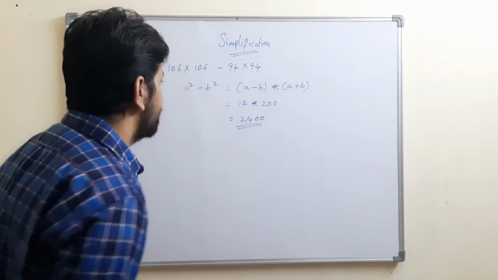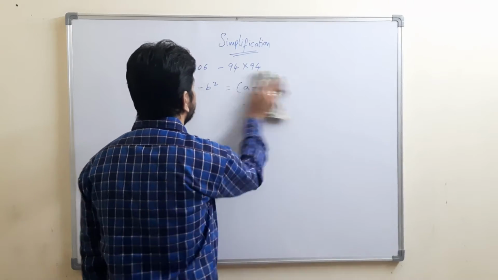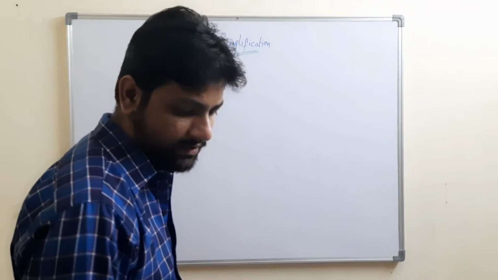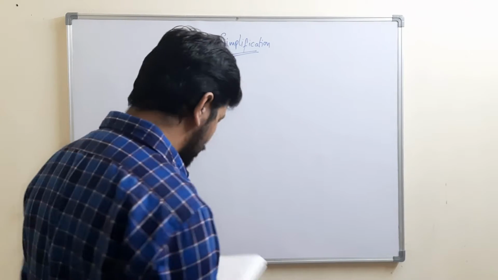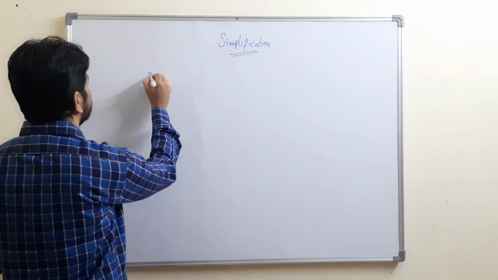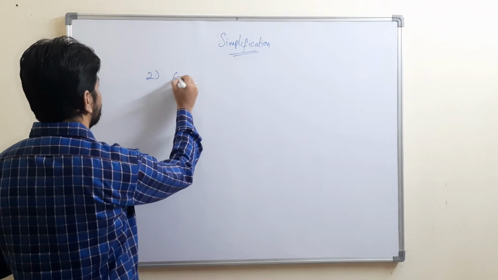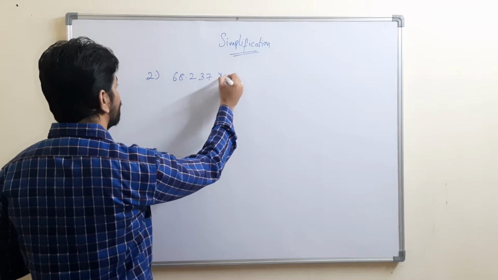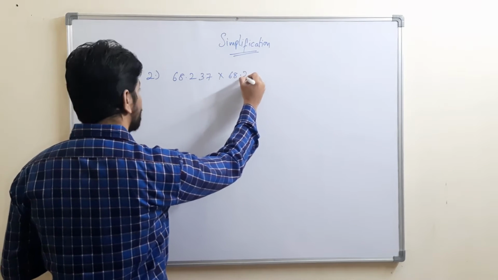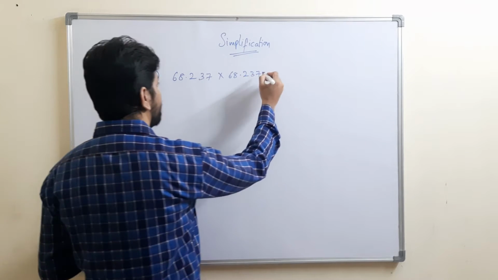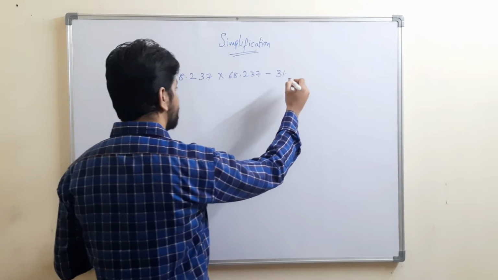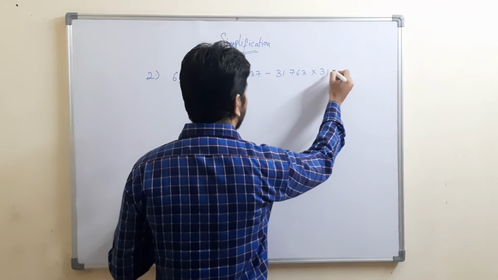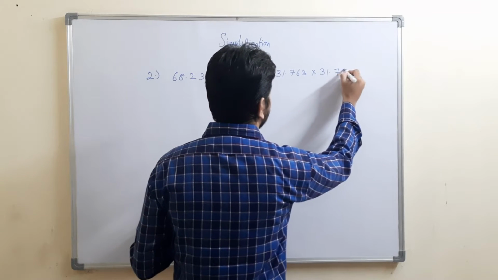Similarly, let me explain the second type of simplification, in decimals. Another simplification problem: 68.237 into 68.237 minus 31.763 into 31.763.